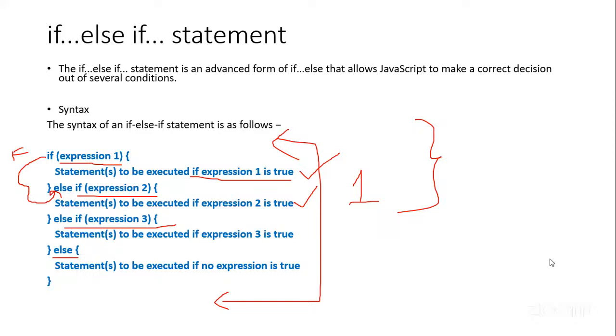And after all else if statements, you can write a simple else, only else, not with if. Whenever all the given conditions are evaluated to false, in that case this else part will be executed.